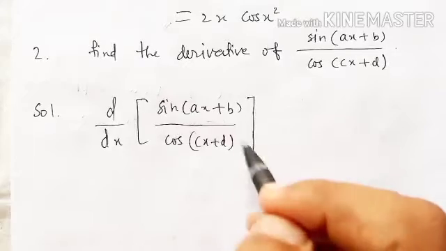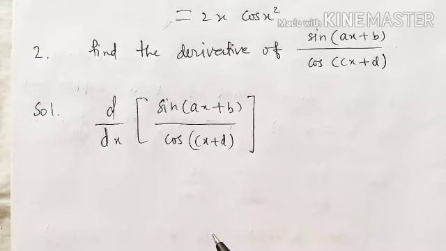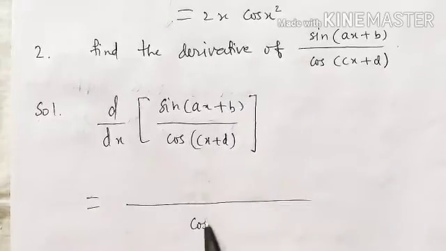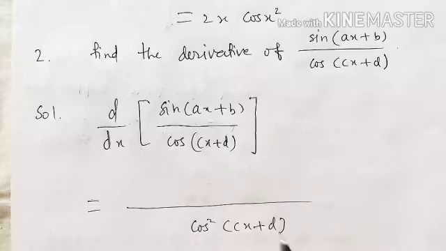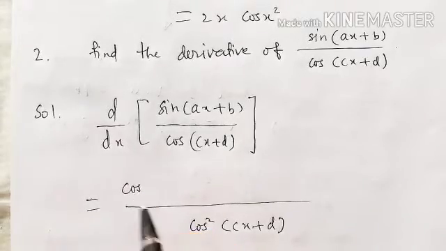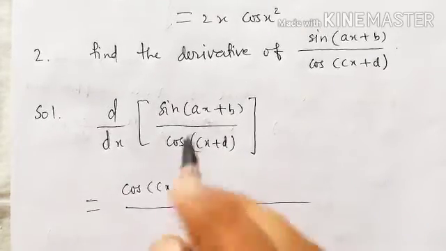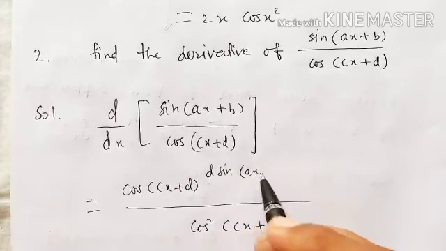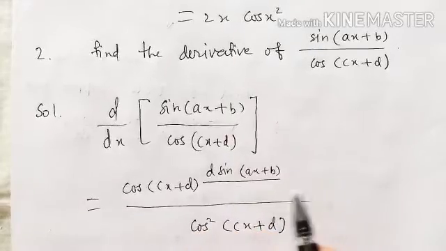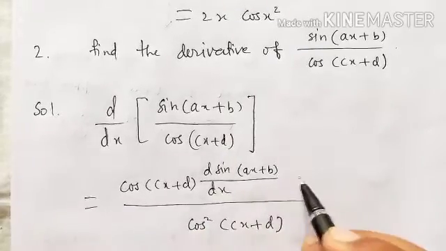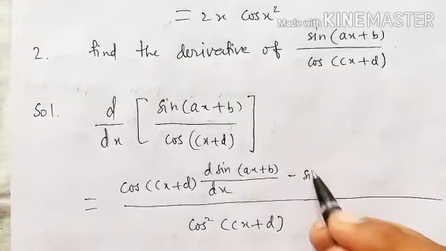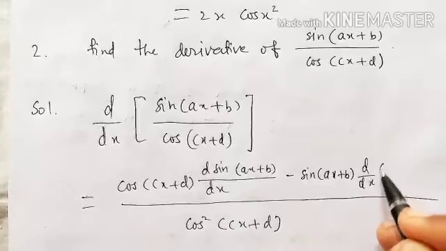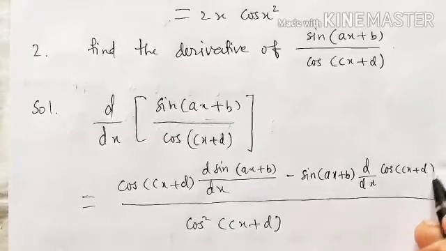You know that this is u, this is v, and its derivative will be given by, here we write cos square (cx plus d), here we write cos(cx plus d) times the derivative of sin(ax plus b), minus sin(ax plus b) times the derivative of cos(cx plus d).